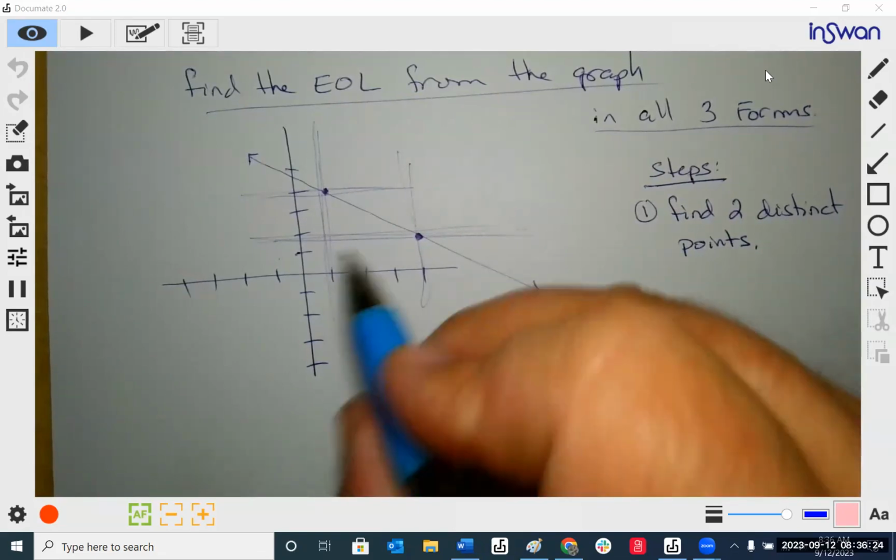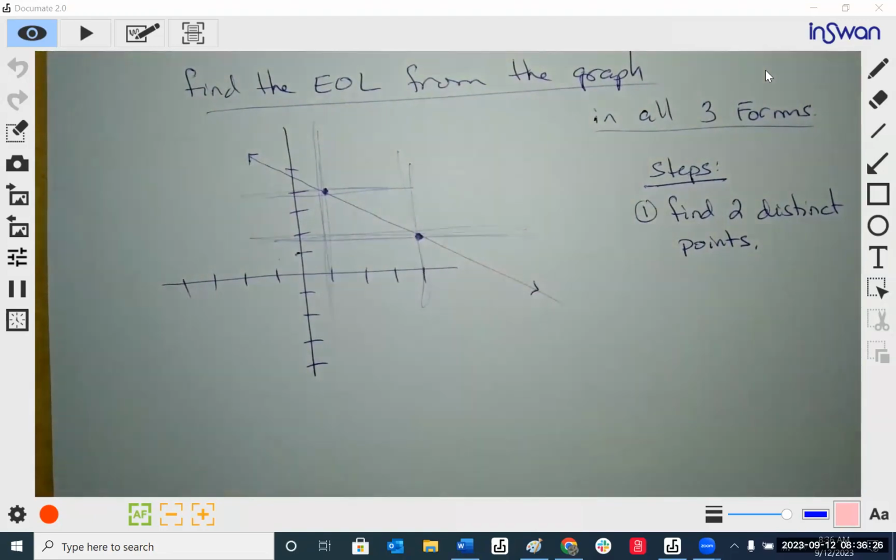If it's not on the exact cross where they intersect, don't use that point. Find one that really works.